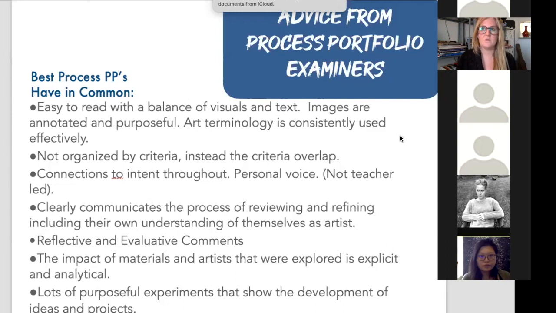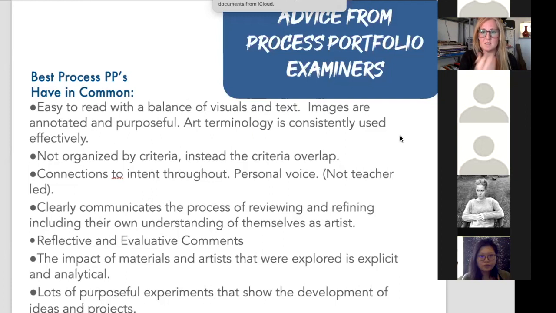It doesn't have to be descriptive. So most of your writing in your process portfolio should be evaluating the process and reflective: what is working, what isn't working, not really describing what you're doing. The picture and the label should do most of the describing for you. So I thought that was a really key point.